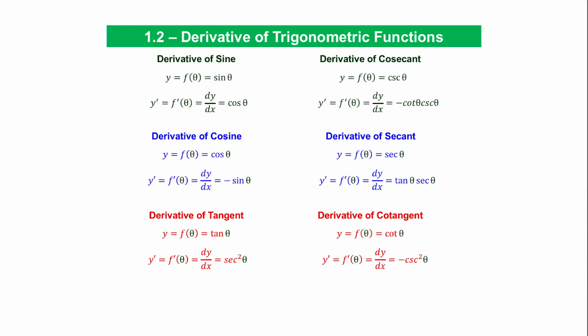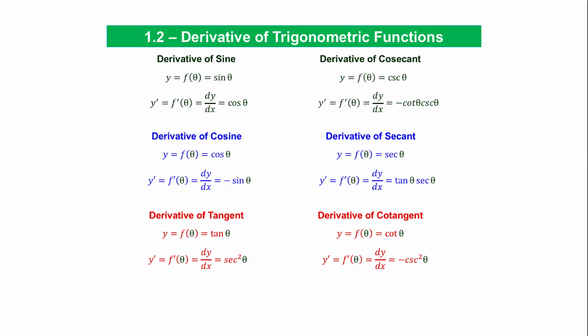We have three basic trigonometry ratios. We have the sine, we have the cosine, and we have the tangent. And their reciprocals are cosecant, secant, and cotangent. Now their derivatives. If for instance y equals a function of theta equal to sine theta, then the derivative of the function will be y prime equals dy/dx equal to cos theta.